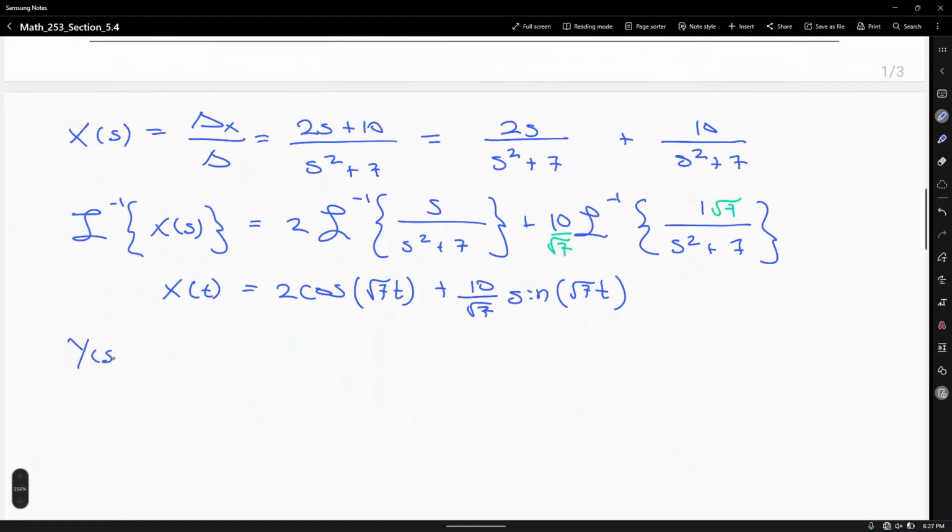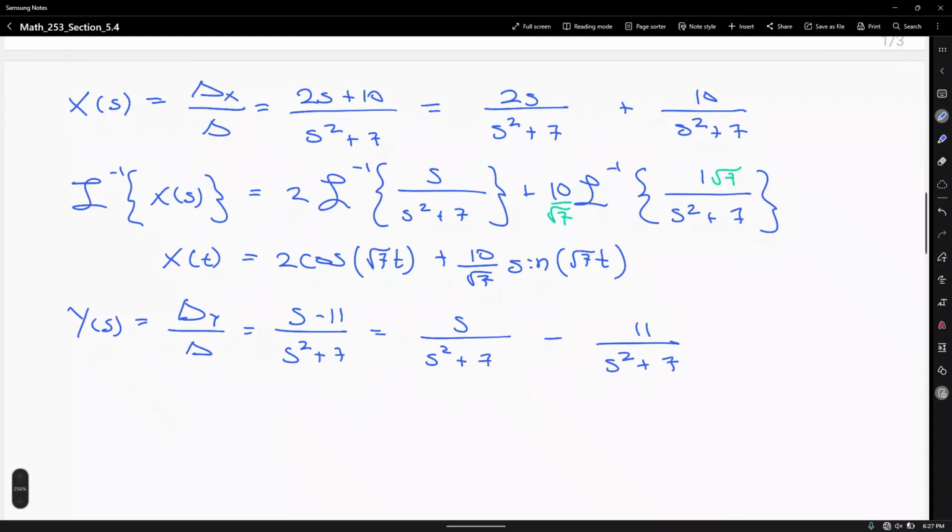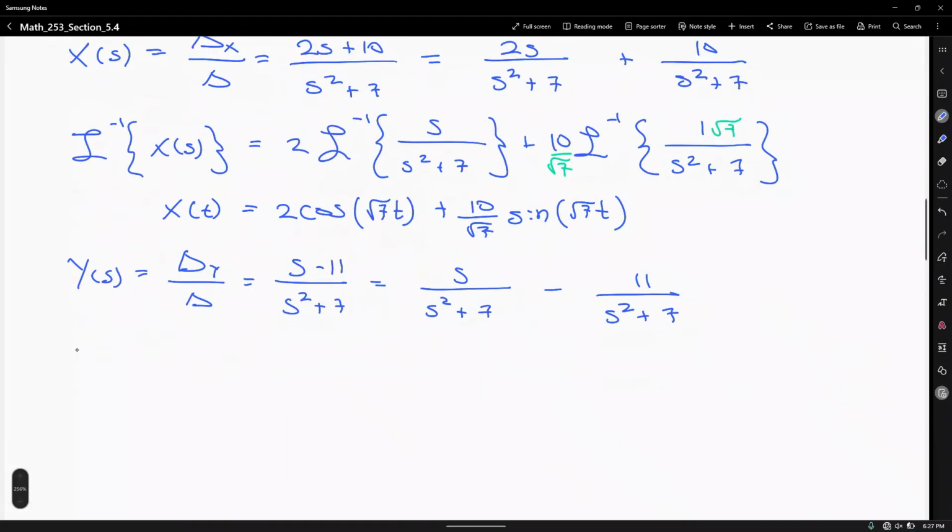Similarly, the y of s equals delta y this time over delta. What was delta y? That was s minus 11. And what was delta? S squared plus 7. Split it. S over s squared plus 7 minus 11 over s squared plus 7. Same inverse: the inverse Laplace of y of s is going to give us our y of t.